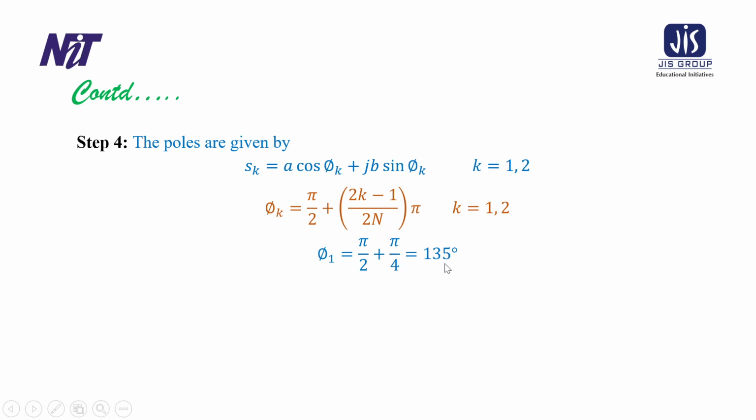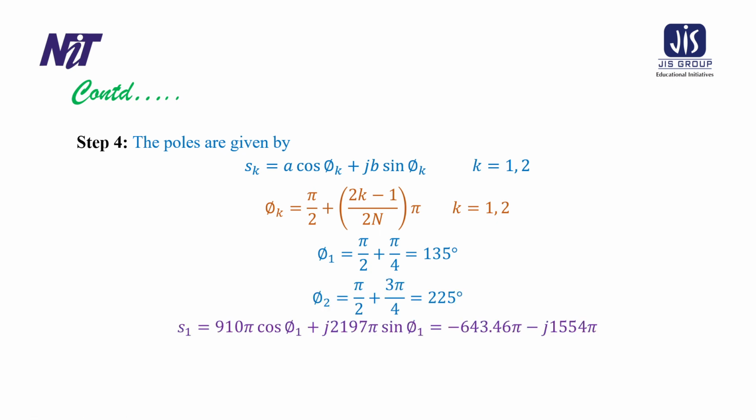So that is 3 pi by 4, that is 135 degrees, and phi 2 equals 225 degrees. Now S1 equals, put the values of a and phi 1 and get the result of S1. Similarly, we can get the result of S2.